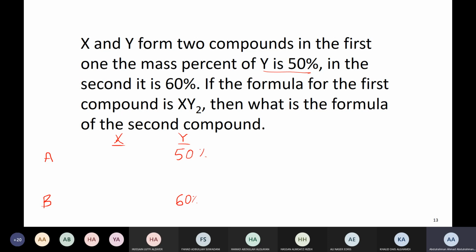We know that compound A's structure is XY2. The question is, what is the structure of compound B?